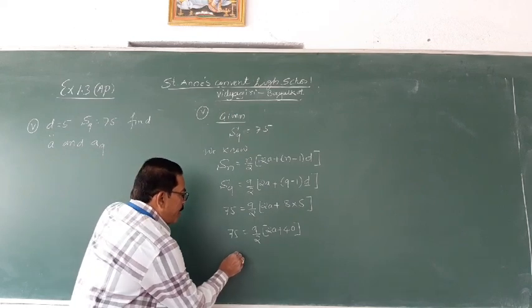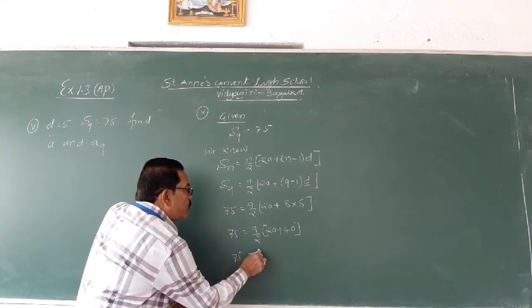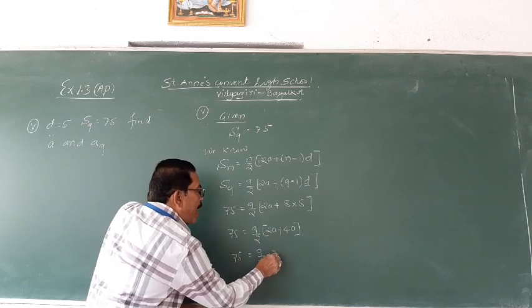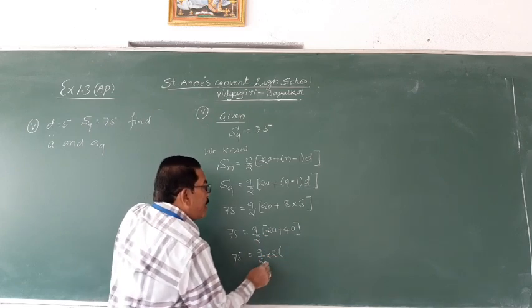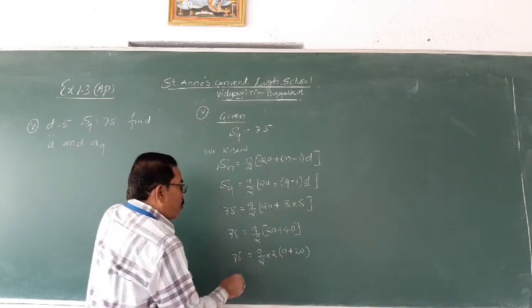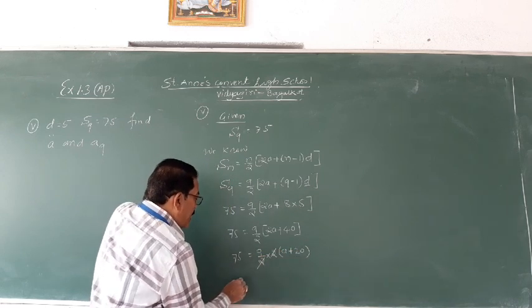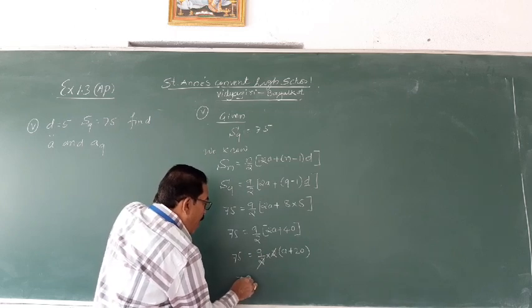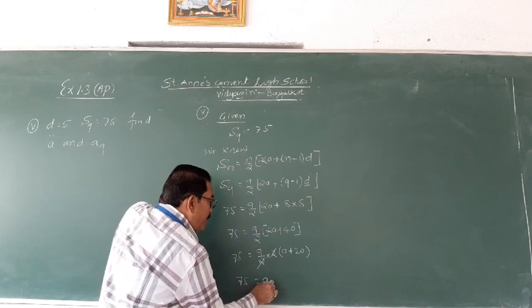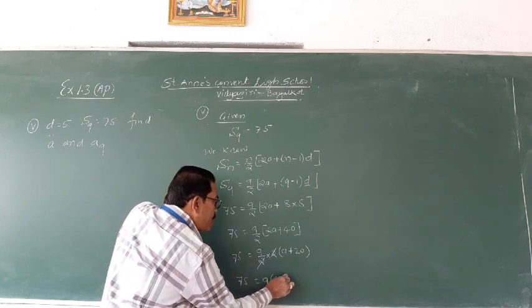Then 75 equals 9 by 2 into, taking 2 as common in the bracket, a plus 20. So 2 gets cancelled. 75 equals 9 in the bracket a plus 20.